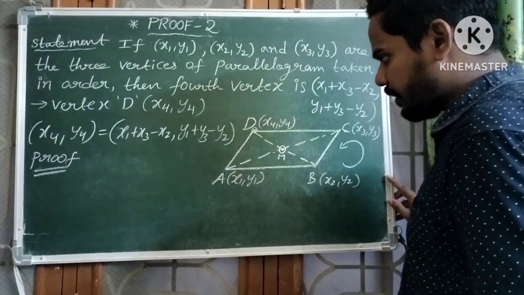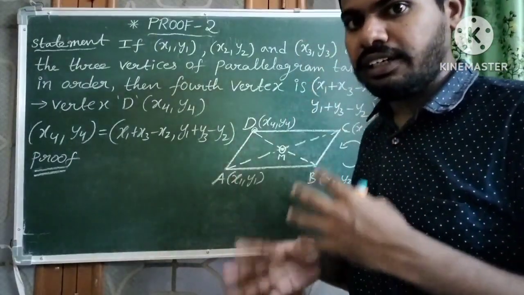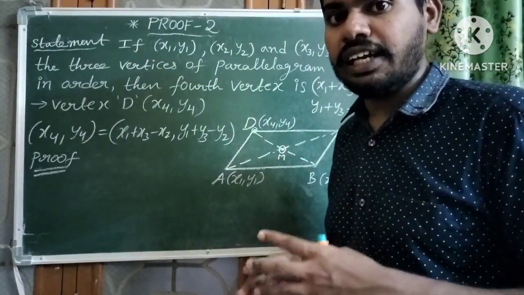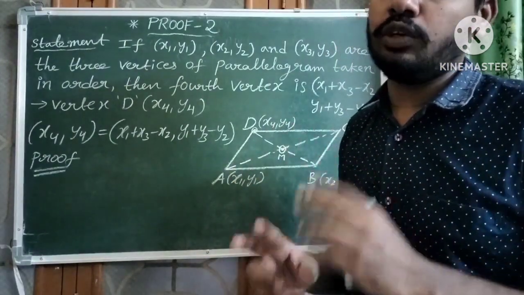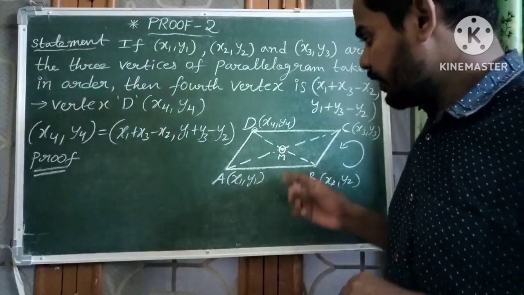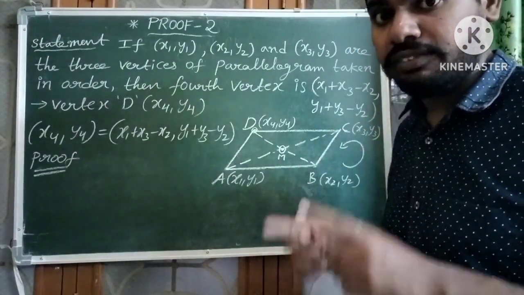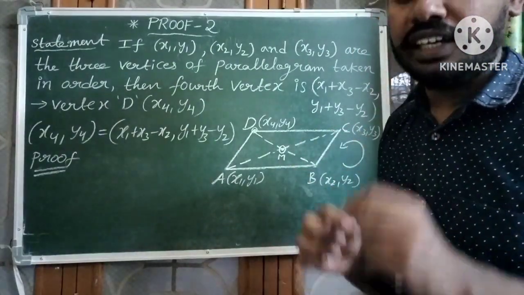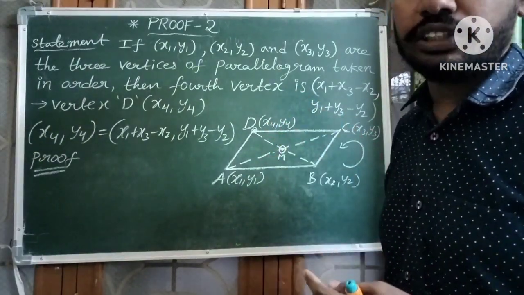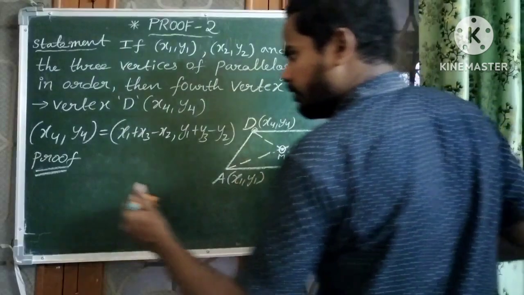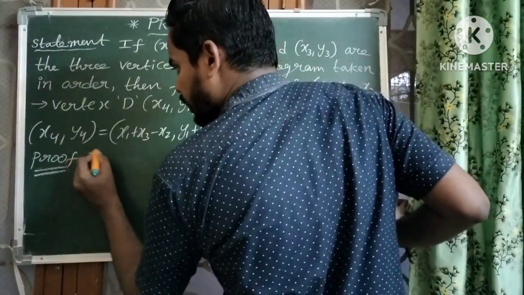Bisecting each other means one diagonal divides the other diagonal into two equal parts. It means both the diagonals will have a common midpoint, the same midpoint for both, because they divide each other into equal parts. So here we can write one statement.